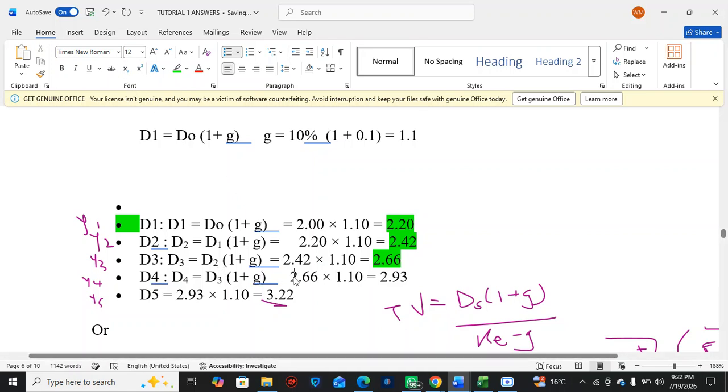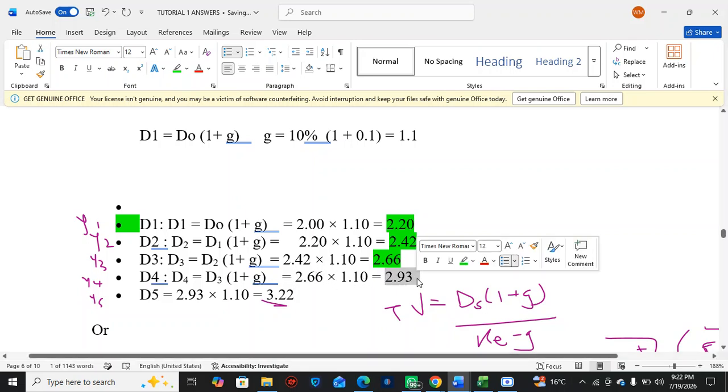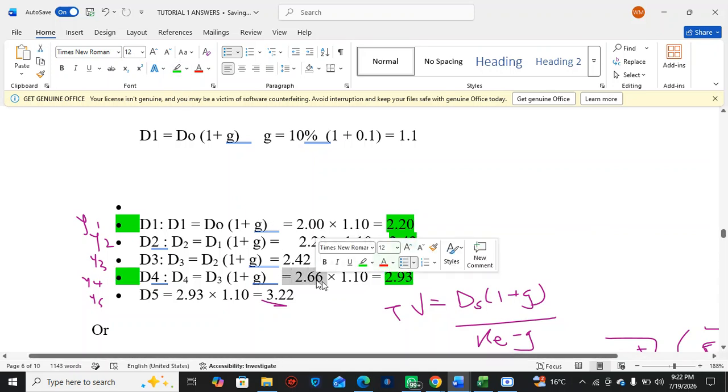So 2.66 multiplied by 1.10, that's 2 kwacha 93 ngwe. So this 2.66 grew by 10%.